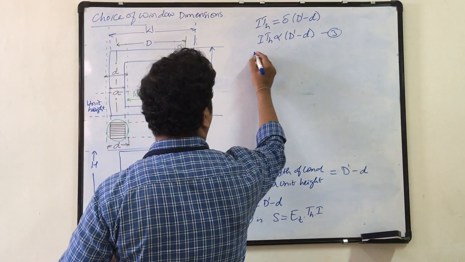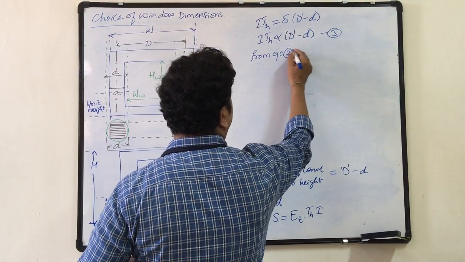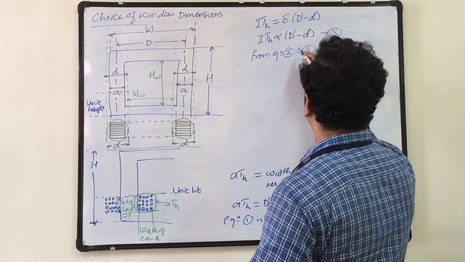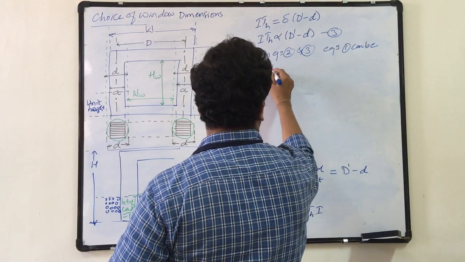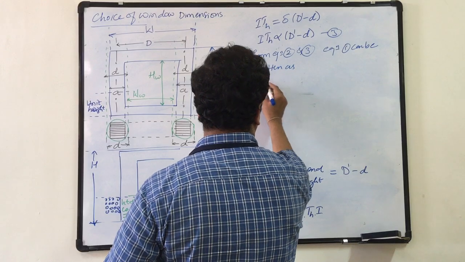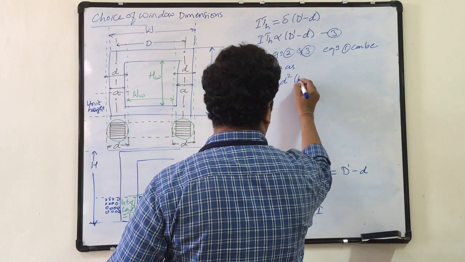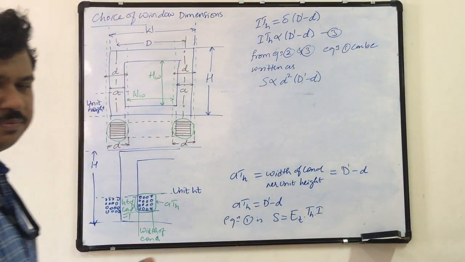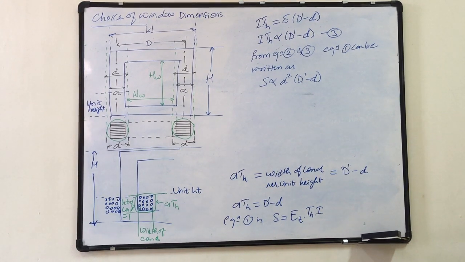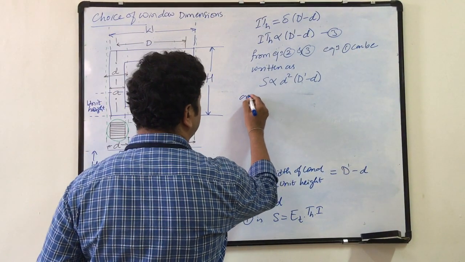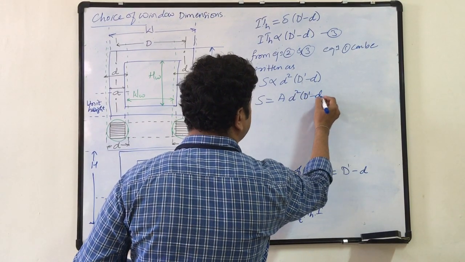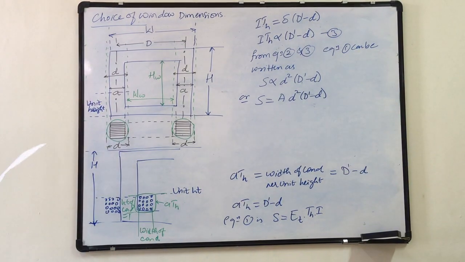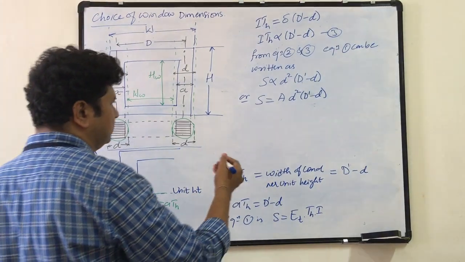Now from equation 2 and 3, equation 1 can be written as S proportional to D square and D dash minus D, because ET is proportional to D square, and I into TH is proportional to D dash minus D. Therefore, I can write S proportional to D square into D dash minus D, or S is equal to some constant A into D square into D dash minus D. A is constant.